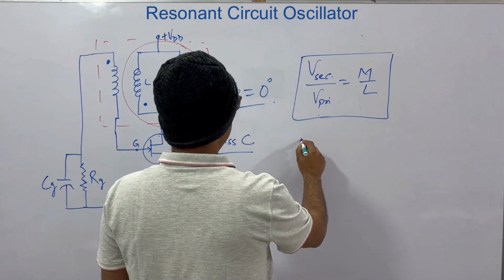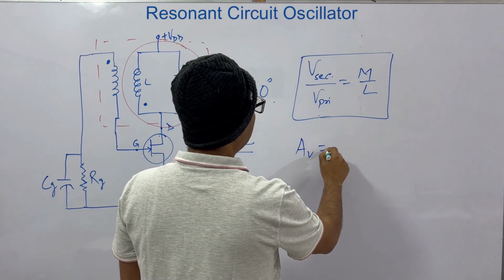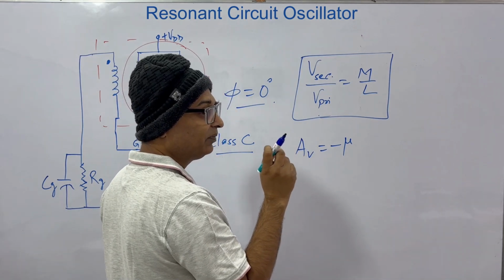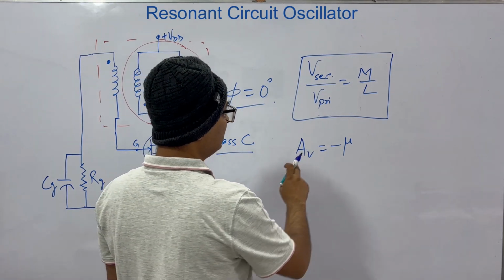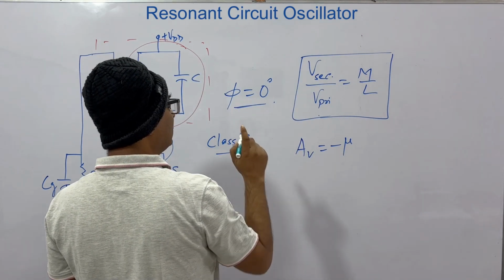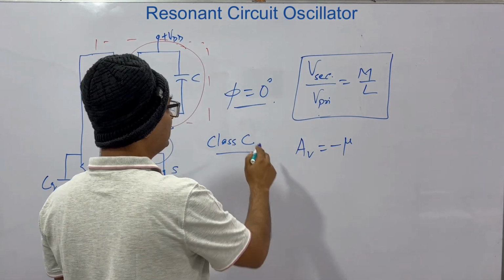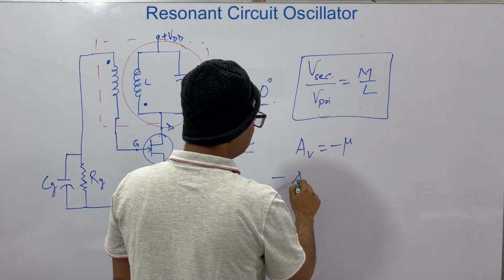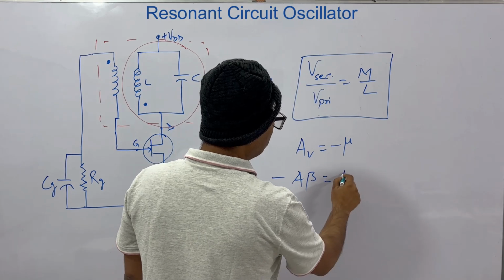We know that AV is equal to minus mu, where mu is the amplification factor for the field effect transistor. According to the Barkhausen criterion, there are two conditions to be met for oscillation. First, phi should be equal to 0 or 2n pi, and second, minus A beta should be equal to 1.